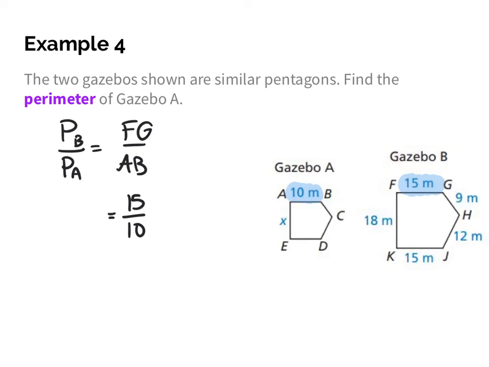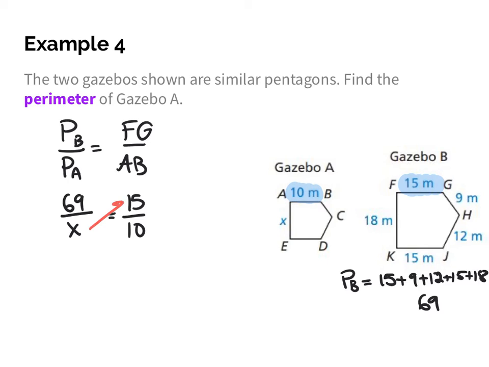I do need to figure out the perimeter of B by adding up all these sides. I'll write that off to the side here: 15 plus 9 plus 12 plus 15 plus 18, add up all the sides, and that's going to give me 69 for the perimeter of B. So that is the perimeter there. My goal is to find the perimeter of A, so I will label that as X.